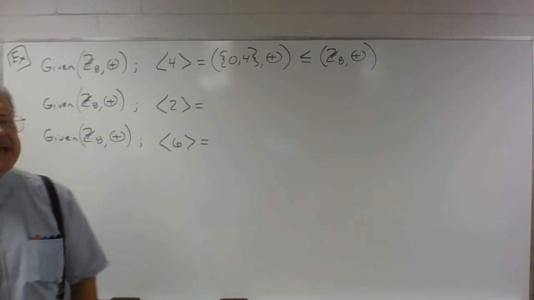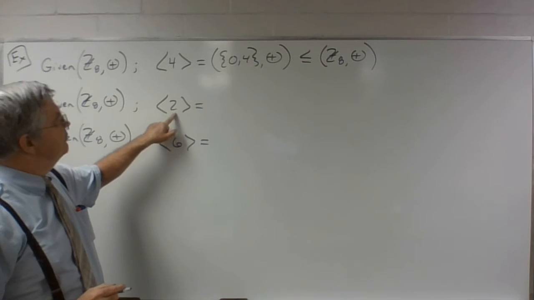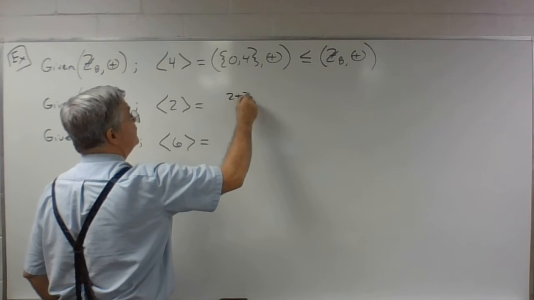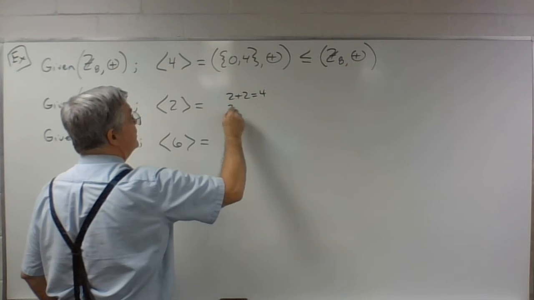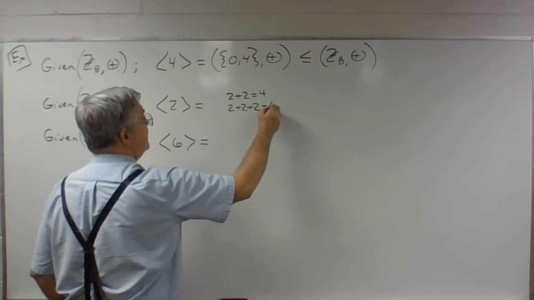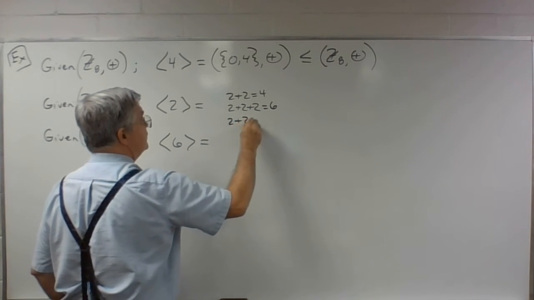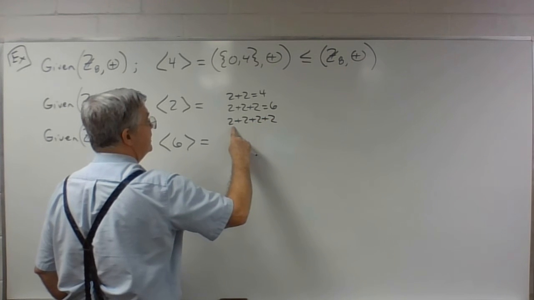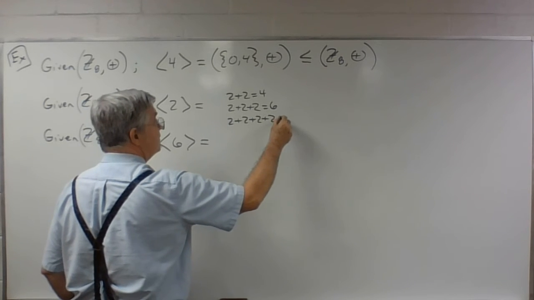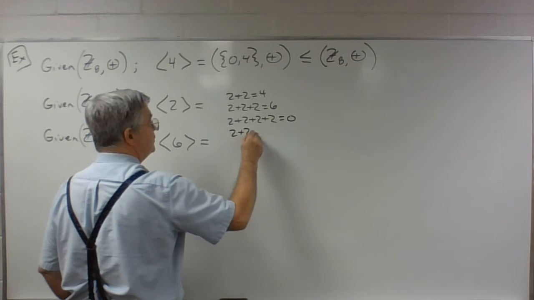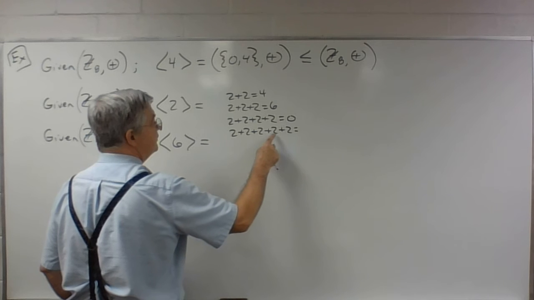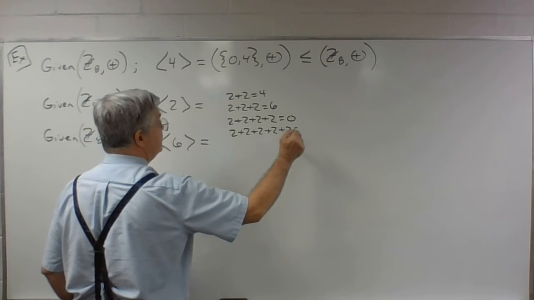Next, let's look at Z8, but let's look at the subgroup of elements generated by 2. 2 plus 2 is 4 mod 8. 2 plus 2 plus 2 is 4 plus 2 is 6 mod 8. 2 plus 2 plus 2 plus 2, 2, 4, 6, 8, but 8 is 0 mod 8. 2 plus 2 plus 2 plus 2 plus 2, that's 0 plus 2 is 2.